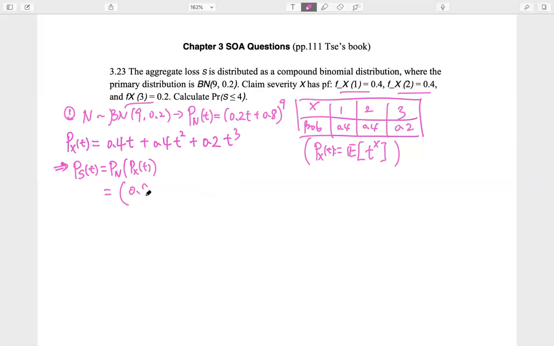So let's put the constant first: 0.8 plus 0.08t plus 0.08t squared plus 0.04t cubed, all to the power of 9.